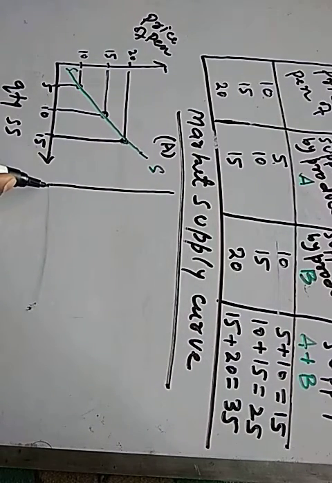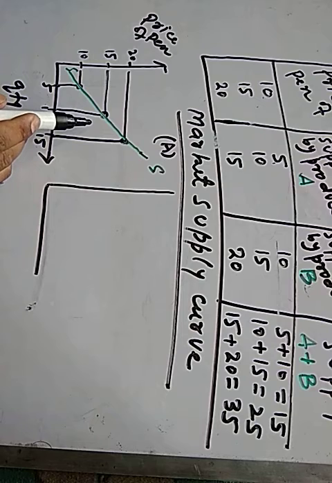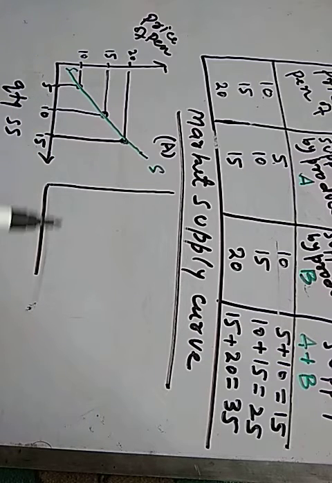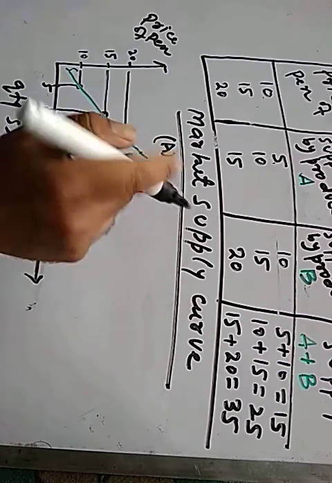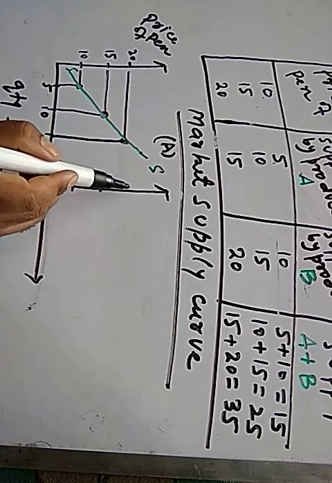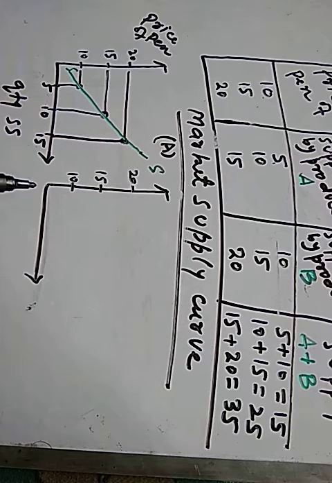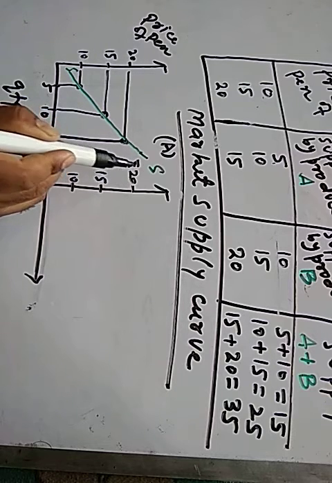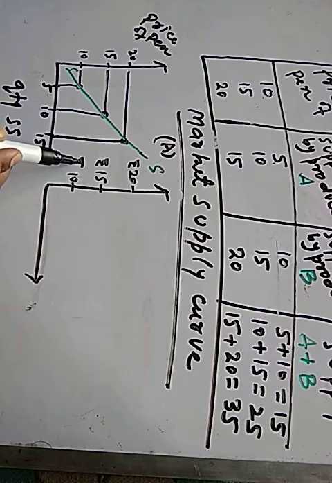Now this is the individual supply curve by producer A. We will derive the individual supply curve of producer B. On the vertical axis we take the price of pen, the same prices 10, 15 and 20 rupees, in Indian currency.